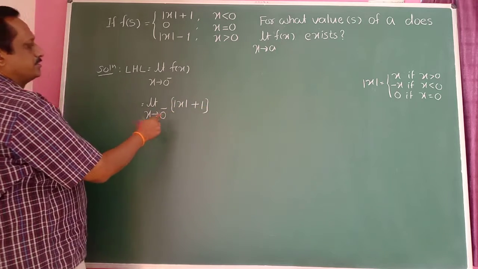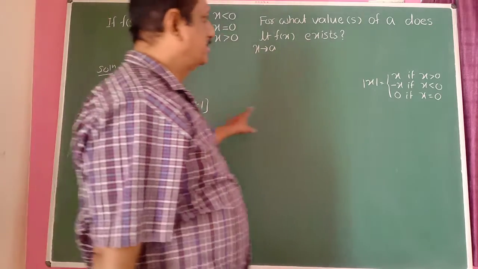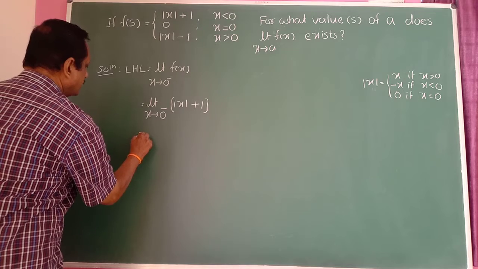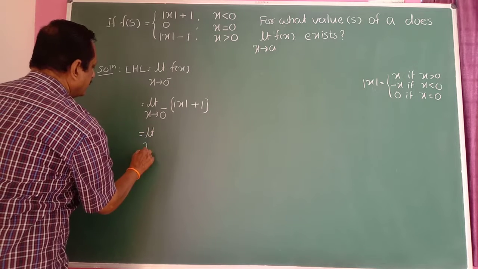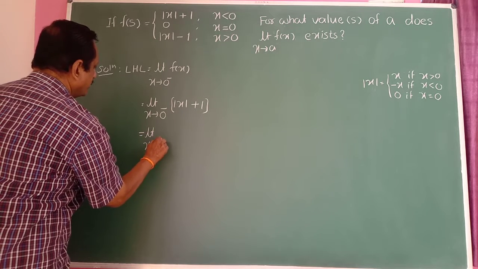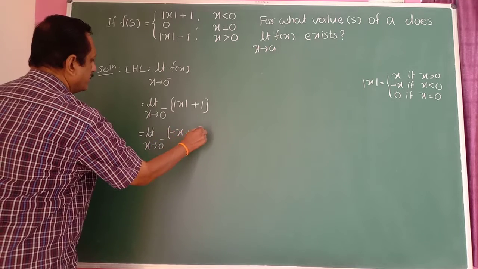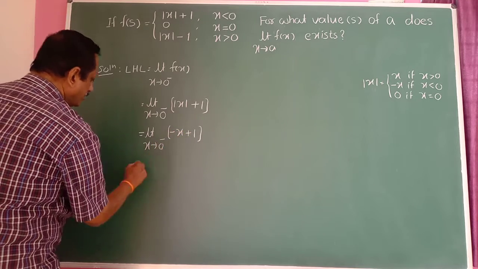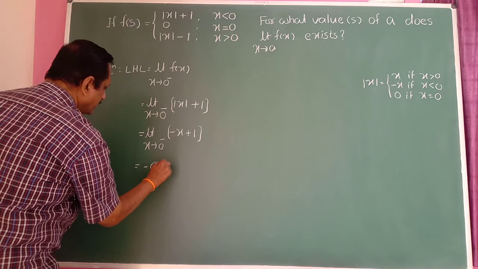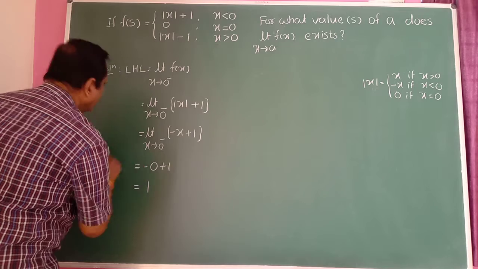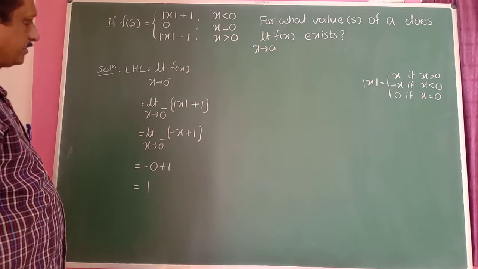We are taking values from the left hand side, so modulus of x is minus x. Therefore, this is equal to the limit of x tending to 0 minus of minus x plus 1. Put x value 0: minus 0 plus 1 becomes plus 1. Therefore, LHL is 1.